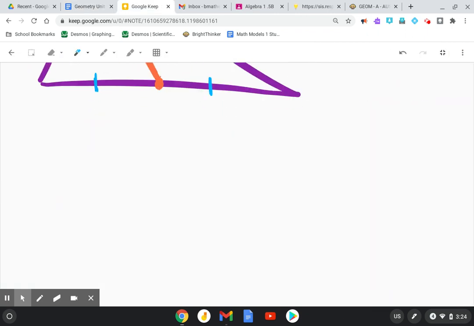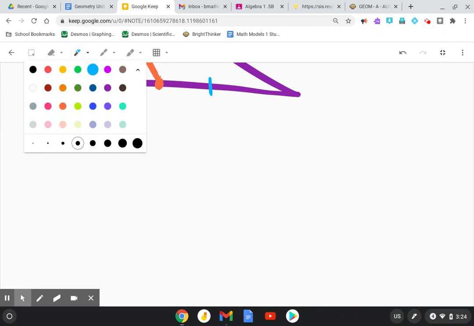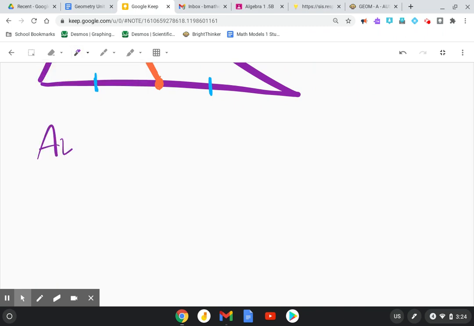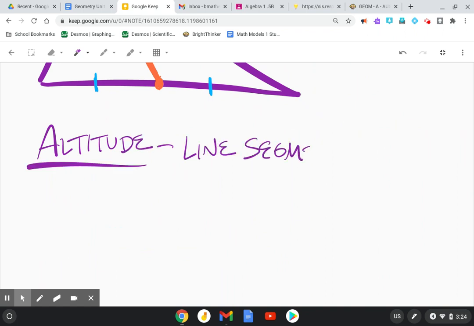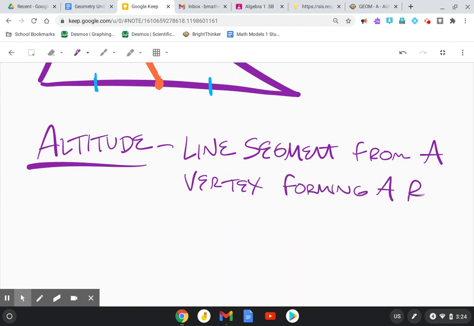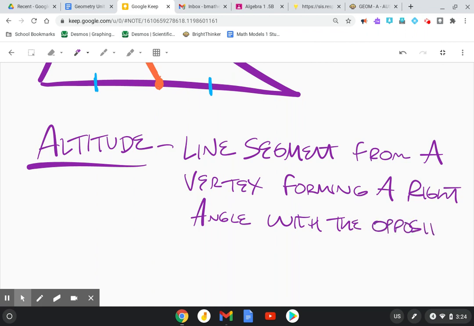The altitude of a triangle is a line segment from a vertex forming a right angle with the opposite side.